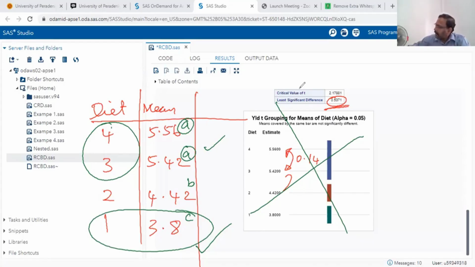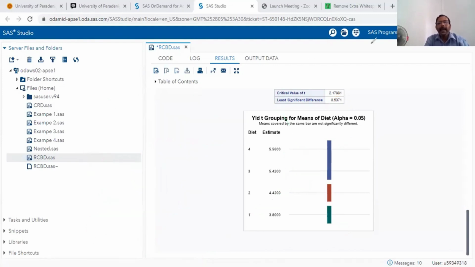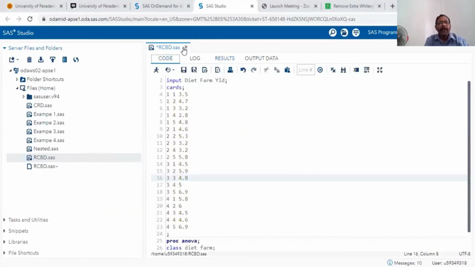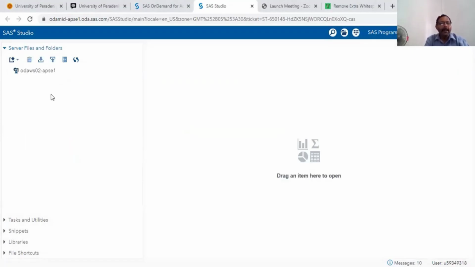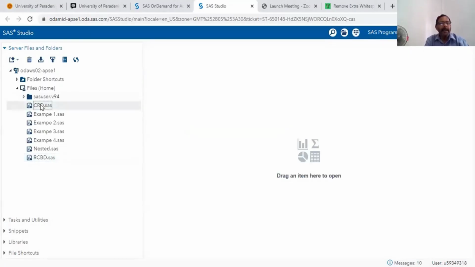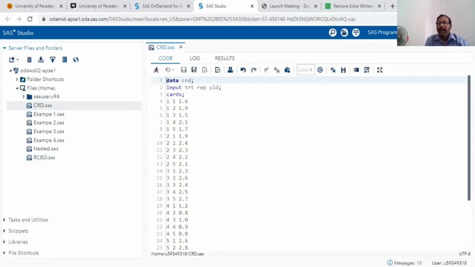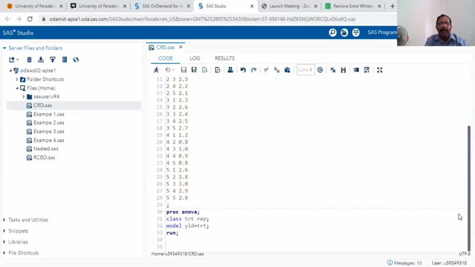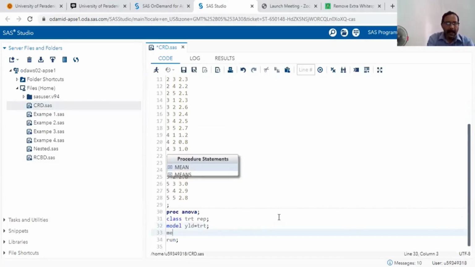Any questions? I'm not going to talk much about the mean separation further. Yes, I will show you one more thing. Again, I'm going back to the data. I'm going with CRD, for example. I'm going to change the mean separation technique.